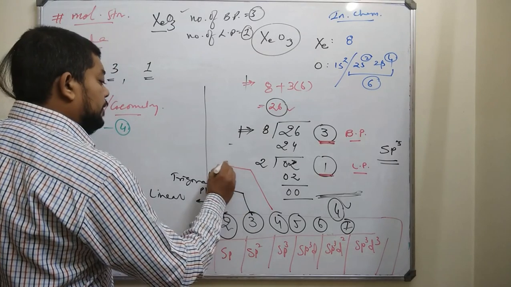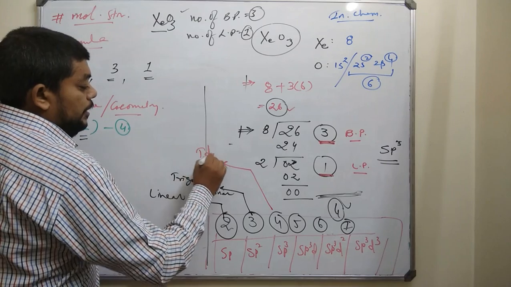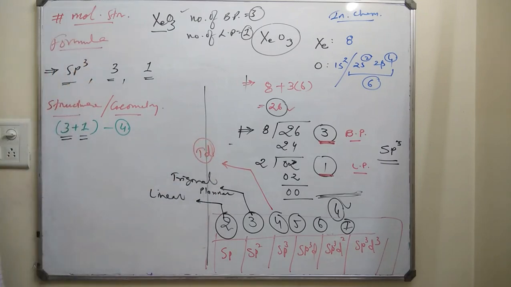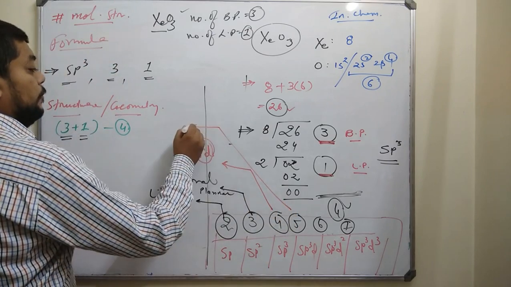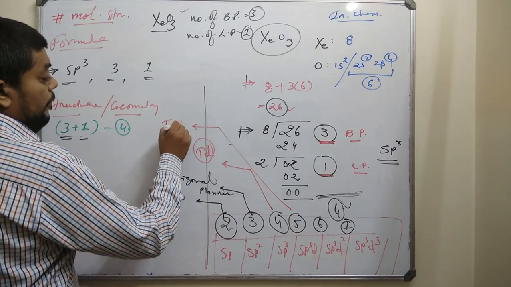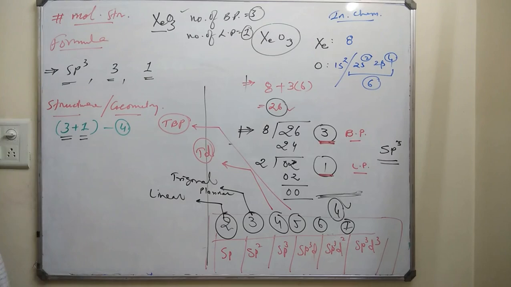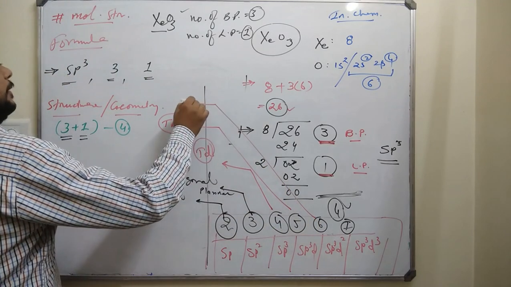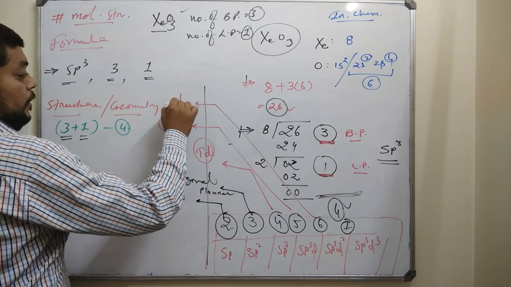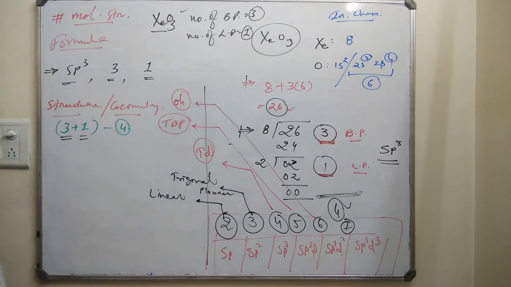If the total number is 4, it has to be TD, which indicates tetrahedral. If the total number is 5, it is trigonal bipyramidal. If the total number is 6, it is octahedral.